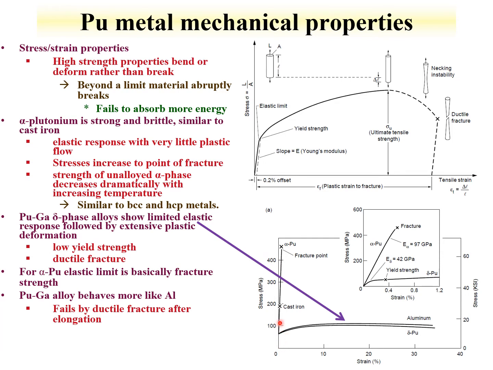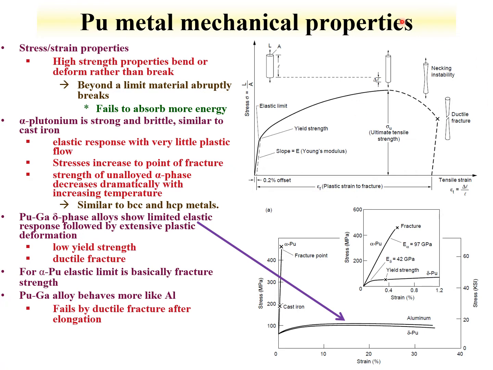The alpha phase is more like cast iron, where it would just fracture after putting a certain amount of stress onto it. It wouldn't bend very much, whereas the delta phase would act more like aluminum. After a certain amount of stress, it would start to increase in length.